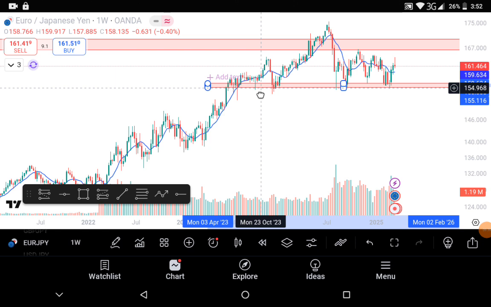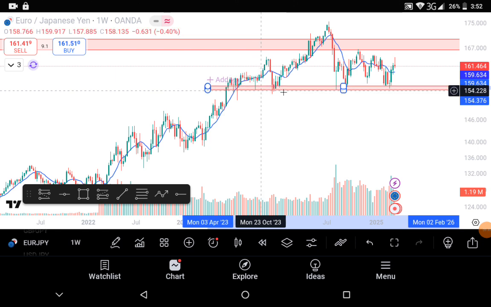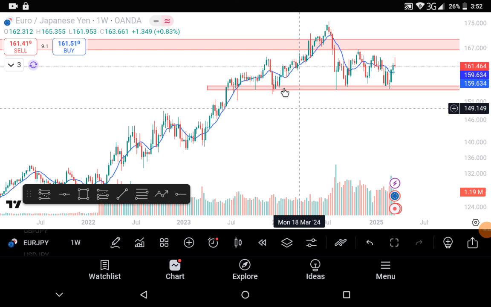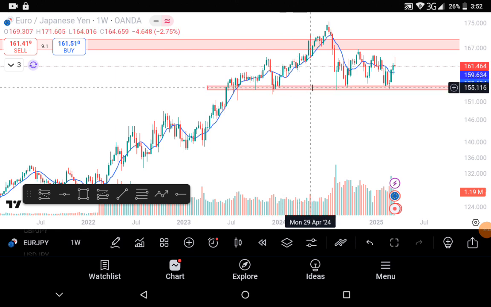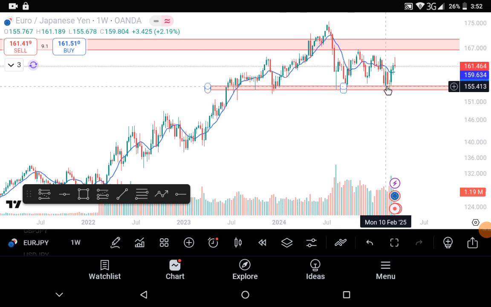It simply means that a lot of buyers are here waiting to execute buys on this market. The only way for buyers to lose interest is when price starts trading below this region. That is when most of them will change their mindset to sell. But for now, a lot of people are interested to buy EURJPY.